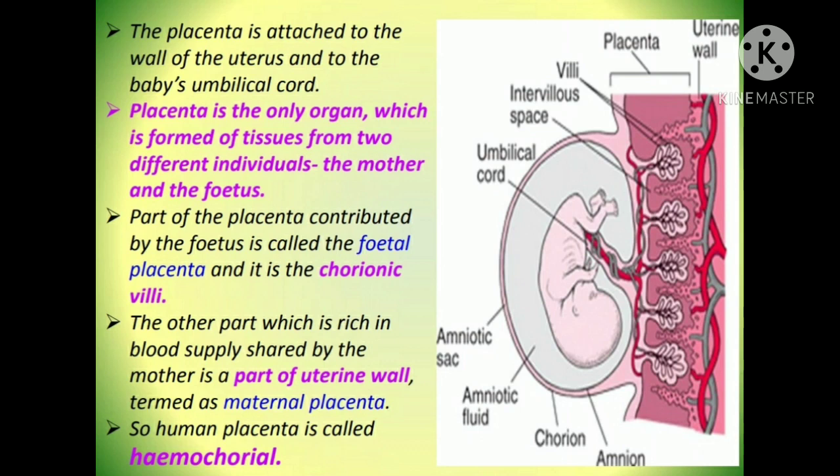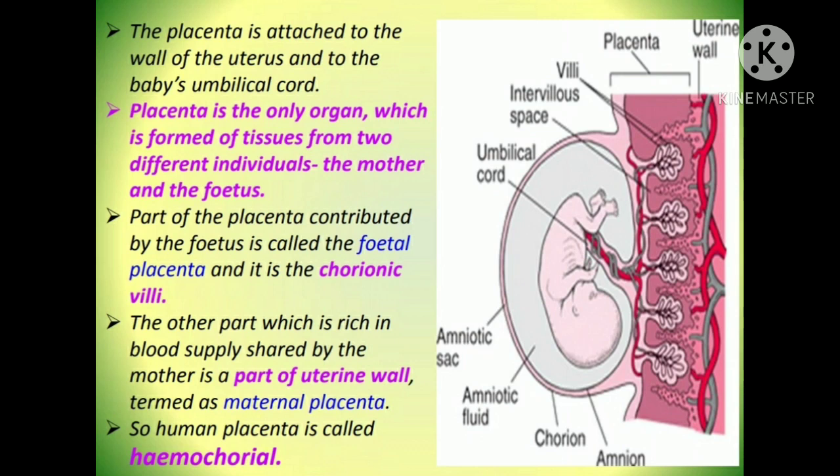Placenta is the only organ which is formed of tissues from two different individuals, the mother and the fetus. I'm repeating it once more: it is the only organ formed of tissues from two different individuals, the mother and the fetus.